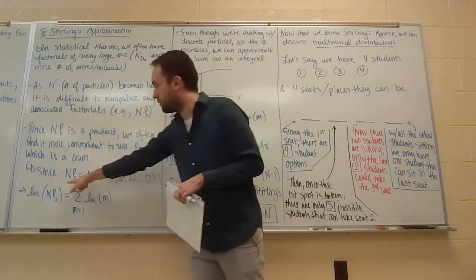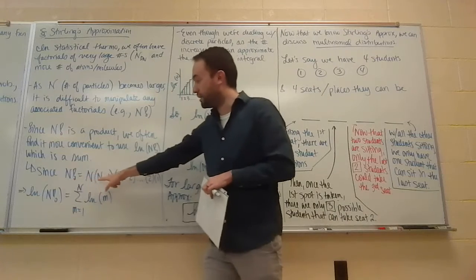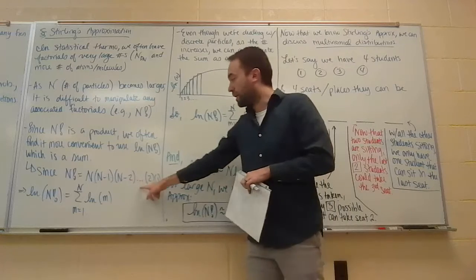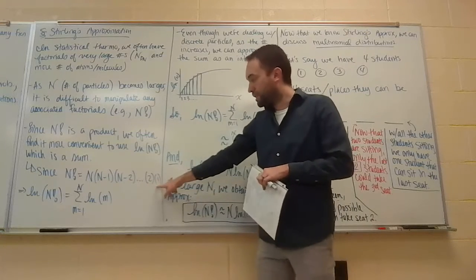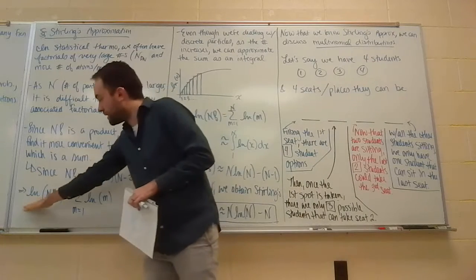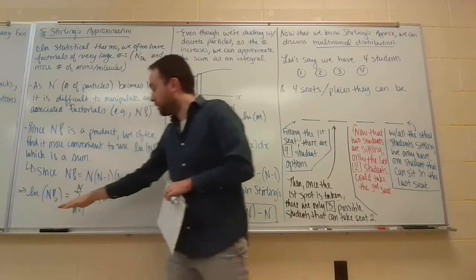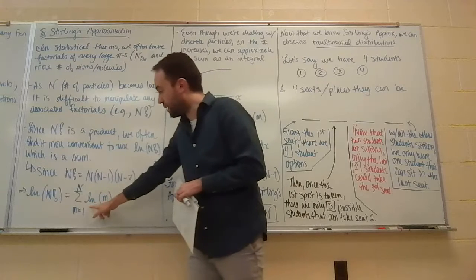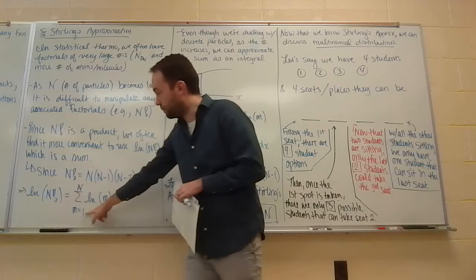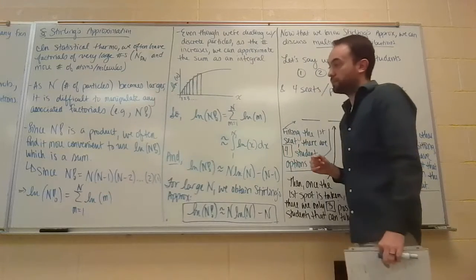So, for example, n factorial is equal to n times n minus 1 times n minus 2, going to 2 times 1, and so on, right? So, that means that the natural log of n factorial would be equal to the sum of ln of m going from m equals 1 to n.